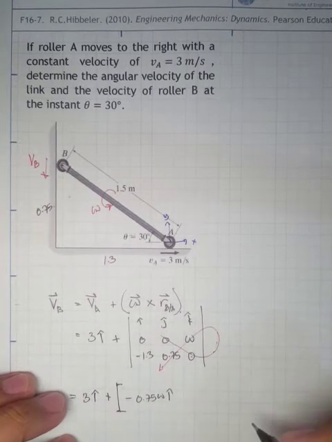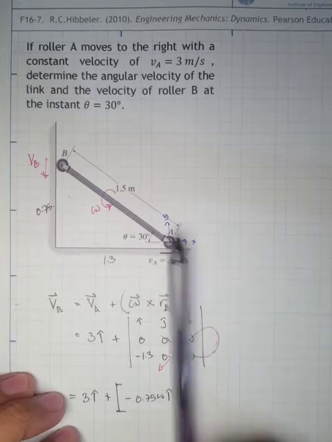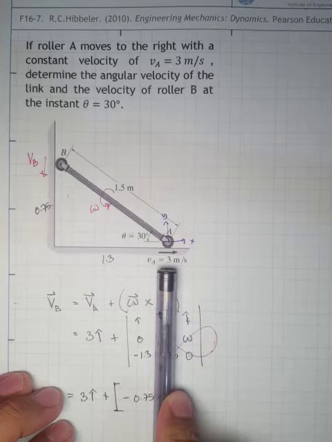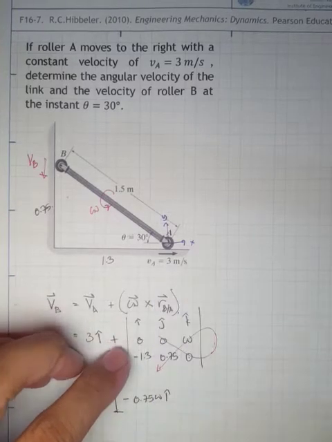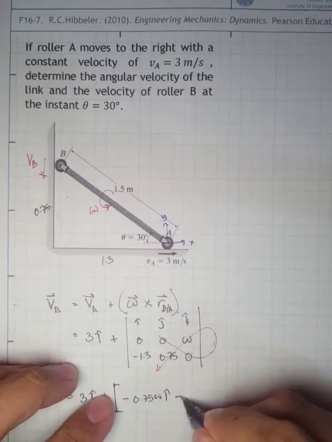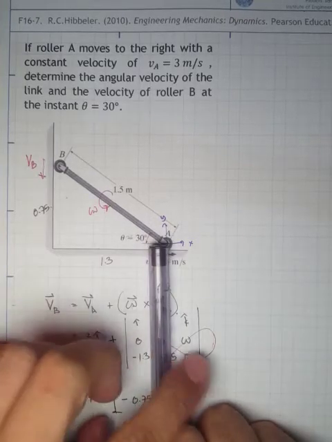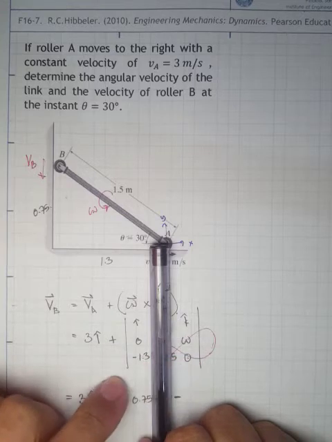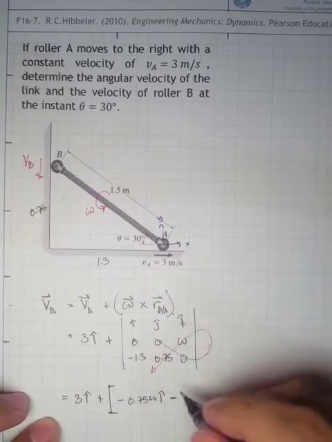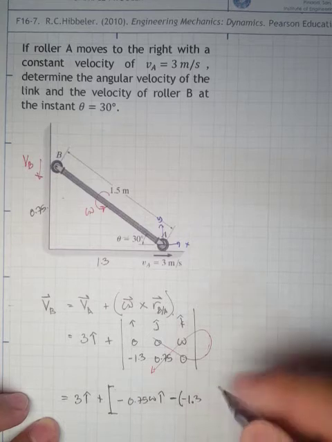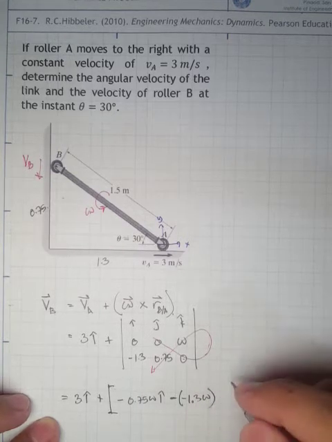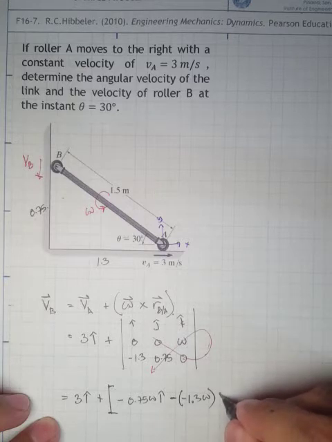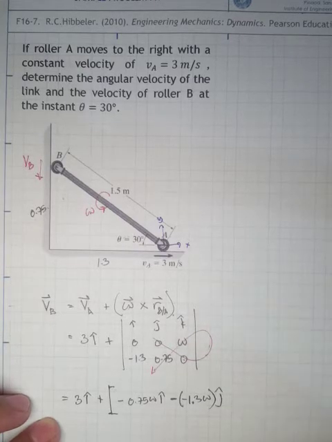That's along the i direction. And then along the j, you just cover this one also, and take note that for the j direction it's the negative, so 0 times 0 minus negative 1.3 omega. So that's along the j direction.